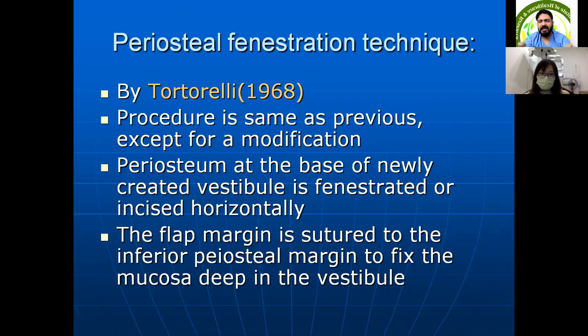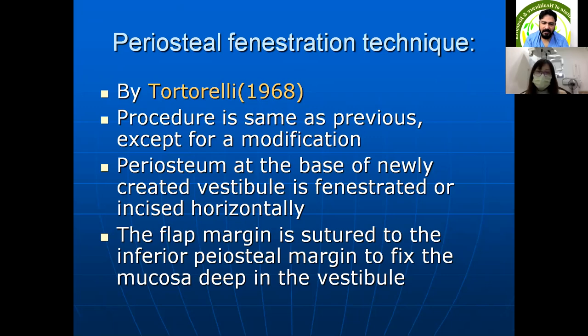See, these techniques have minimal difference. Okay, but various persons have modified the techniques. So all these techniques are one and the same. In all the techniques, either a periosteal flap from the lip is taken or a periosteal flap from the bone is taken. Okay, all techniques are like this but there are minimal differences.